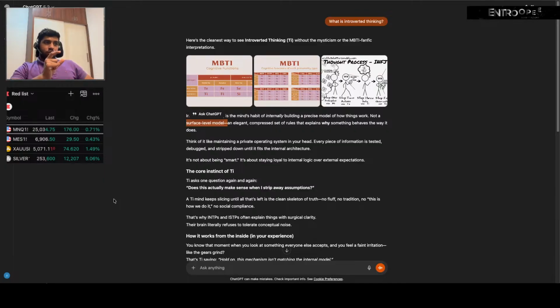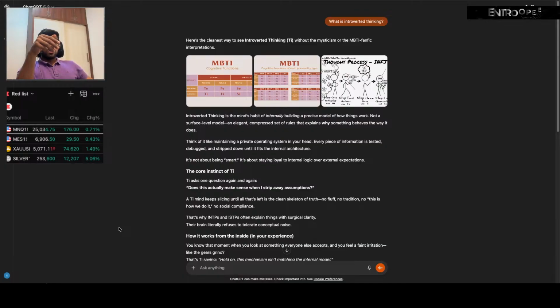Now you take that out of there and compare it to trading. What would happen if you apply that same mind to trading? So, what would an INTP do with trading? They will try to internally build a precise model of how the trading world works. Now, the only problem is it is insanely difficult to build a precise model of trading.